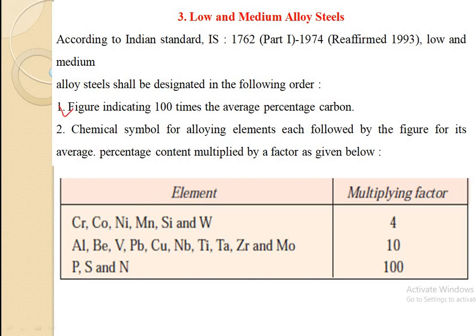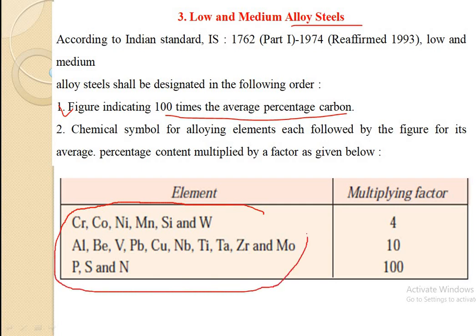The first figure indicates 100 times the average percentage of carbon, as we have seen in the case of mild steel as well as free cutting steel. Now alloy steels are the steels in which different alloying elements are added. These are the alloying elements which are added in mild steel to improve its properties. That's why these are known as the alloy steels. Each alloying element has a different multiplication factor.